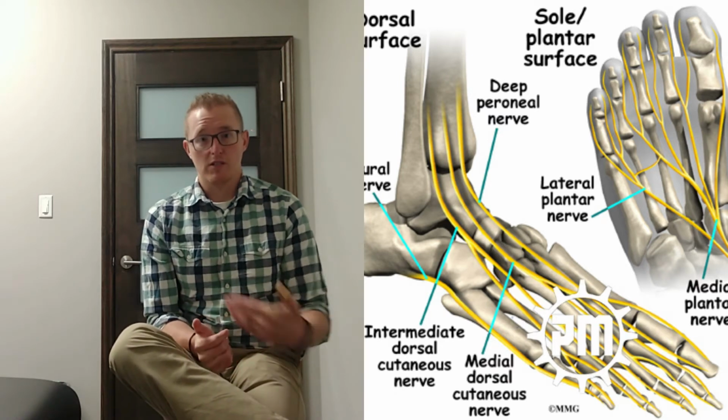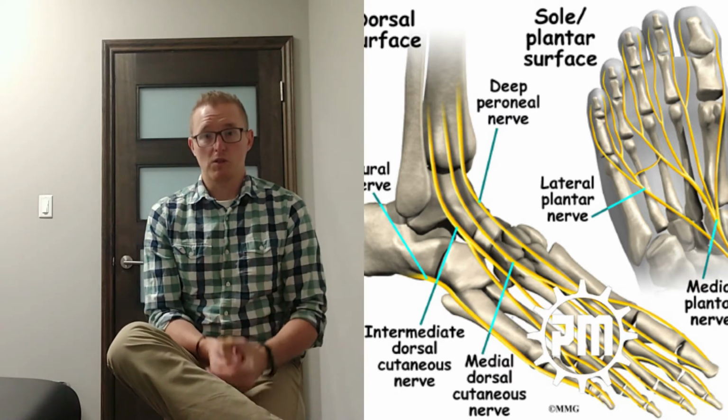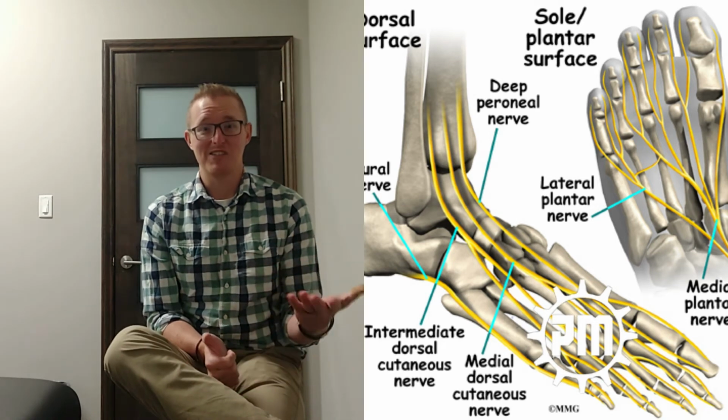And those are branches of a bigger root system that goes up, up, up, and ends up starting in your low back. So it is not out of the question for me to treat someone with heel pain by treating their low back and the nerve that travels. That's the only thing in your body that will travel from your back to your heel. So we make sure we rule out any nerve irritation with some special testing there.